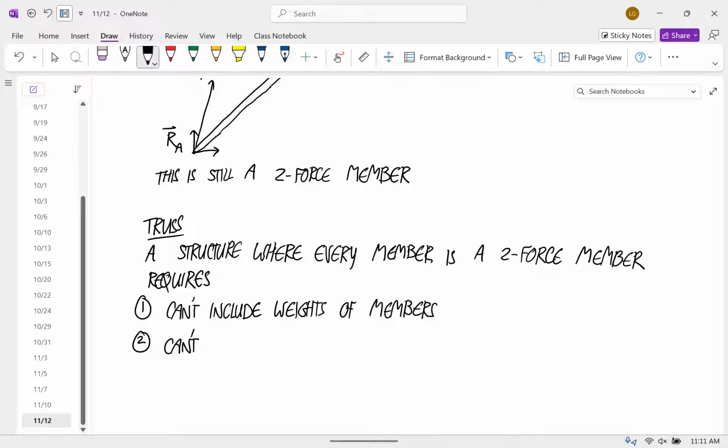So you can't apply any forces at the middle of the beams. You can apply external forces, but they have to be at the joints. So you can't apply any forces away from joints.